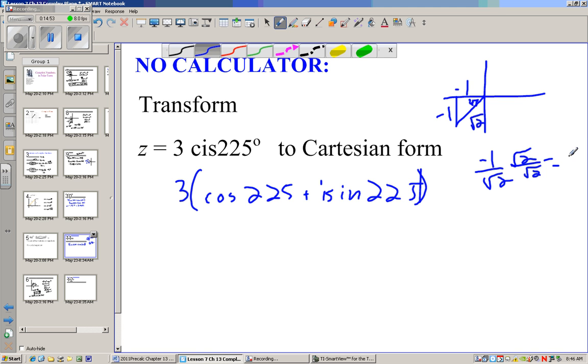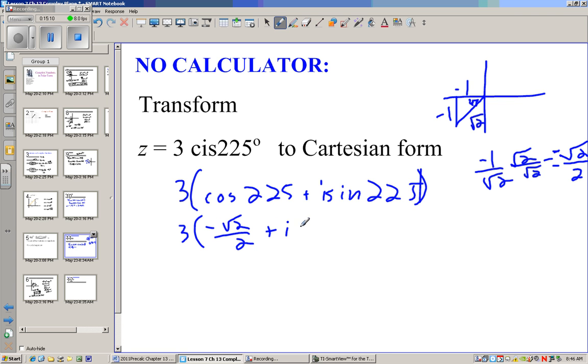Now, this would be negative root 2 over root 4, which is 2. That's a negative. And actually the sine would be the same thing because opposite over hypotenuse is the same thing as adjacent over hypotenuse. So this would be negative root 2 over 2 plus i negative.